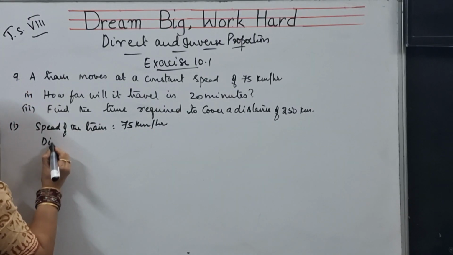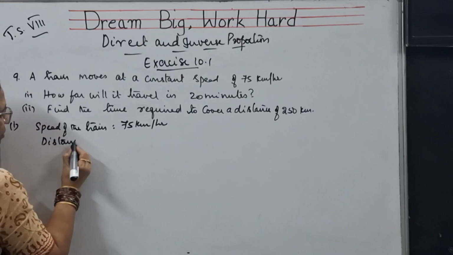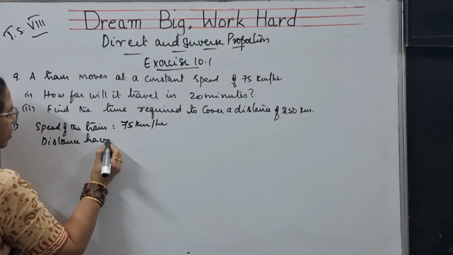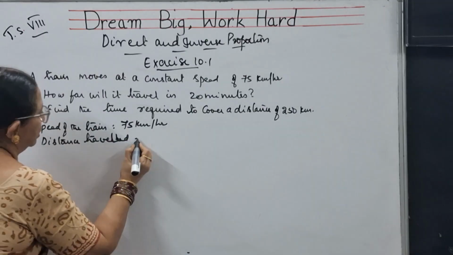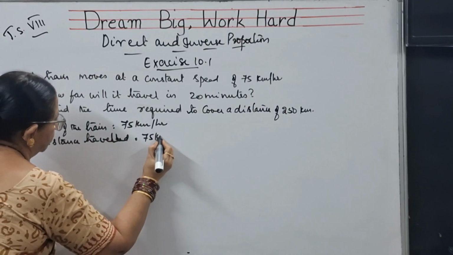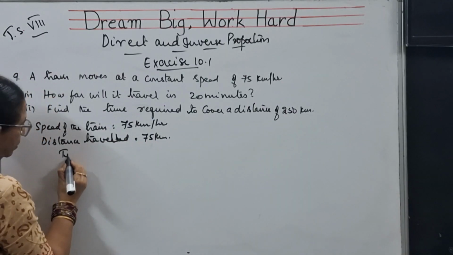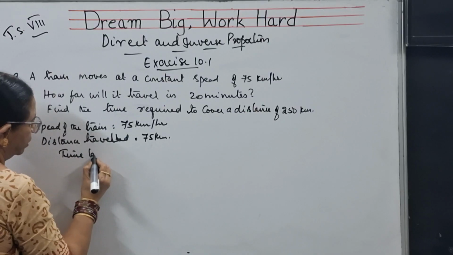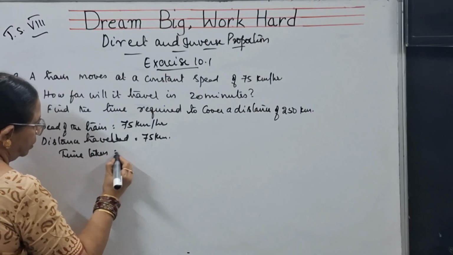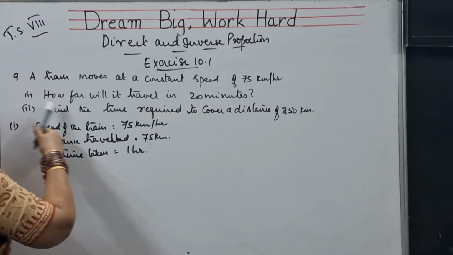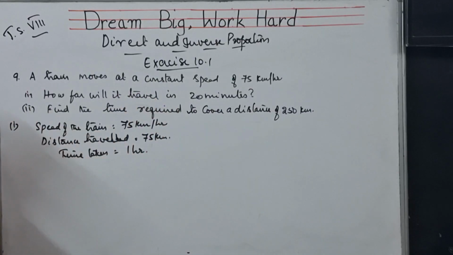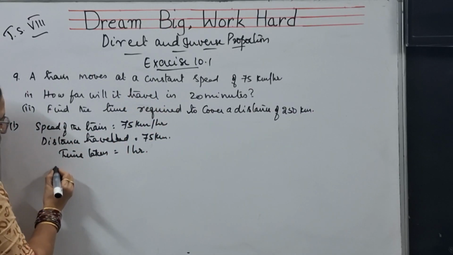That means what? Distance traveled is 75 kilometers and time taken is 1 hour. But in this first bit, 20 minutes are there. What is the time taken in 20 minutes?